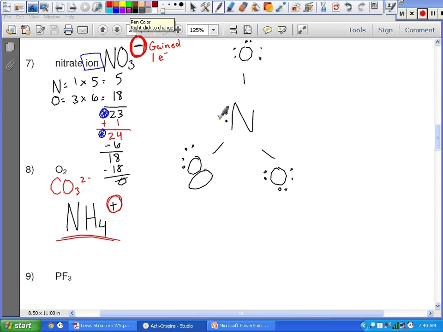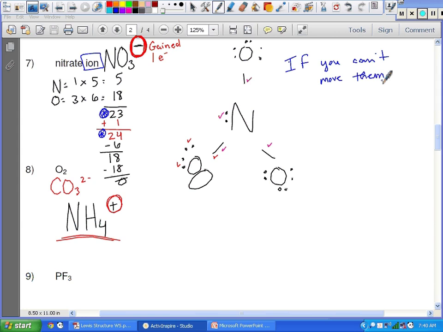So here's my phrase. And no matter what oxygen you do it with, this is going to happen. If you can't move them, then share them. And what in the world do I mean by this?